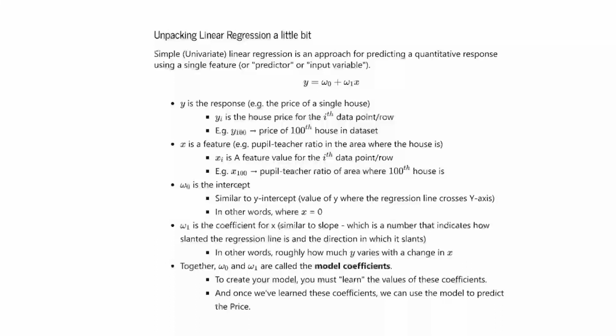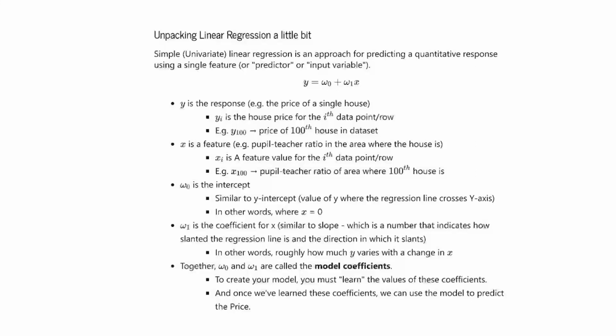And omega 1 is the coefficient or the slope, which is a number that indicates how slanted the regression line is and the direction in which it slants. So for example, assuming that the age is positively correlated with the price of the house, if the age of the house was old, the price should be higher, and that is represented by omega 1.